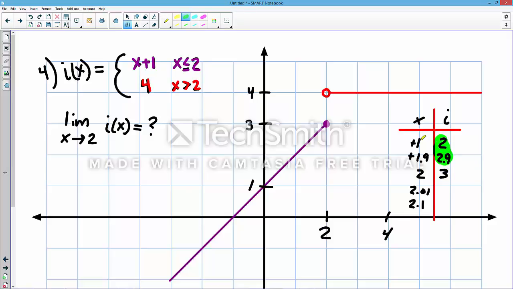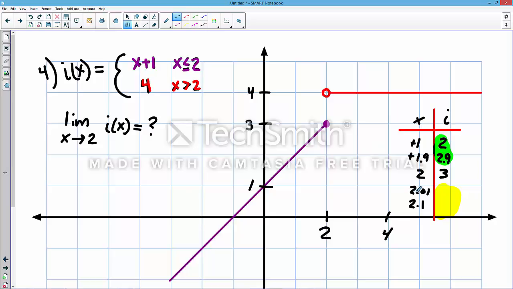But as x gets closer to 2, so 1.9, 1.99 would be 2.99. All of these numbers are getting bigger and bigger, but never reaching 3. So getting close to 3. But let's see what happens on the right side, because remember we talked about limits having to approach the same number from both sides.